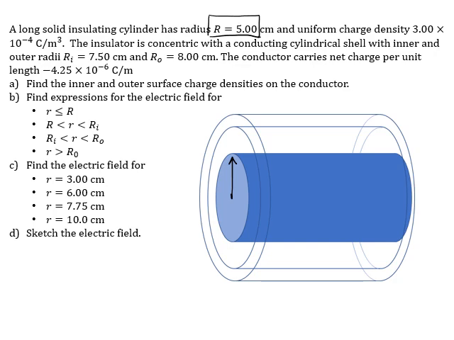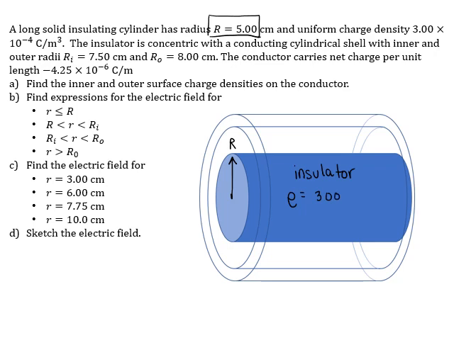It's a charged cylinder, and we know the charge density. We see that the charge density is given in units of coulombs per meters cubed. That makes it a volume charge density, so it has symbol rho. So this bit is our insulator, and we know that the charge density of our insulator is 300.